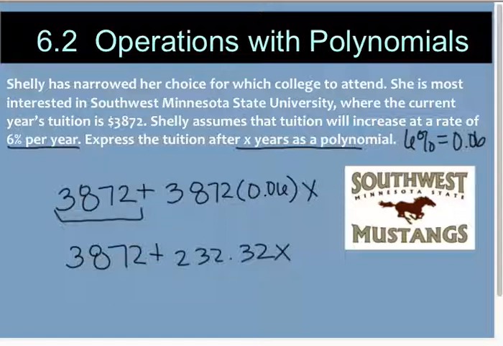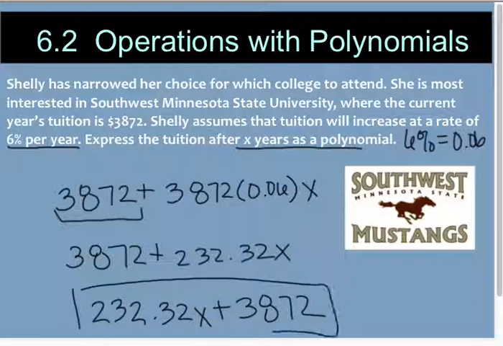So that means basically every year it's going to increase by that much. And typically we write polynomials in standard form, so it means the variable with the highest exponent all the way down to the constant. So if I did that, we'd have $232.32x plus 3,872. This would be my polynomial.